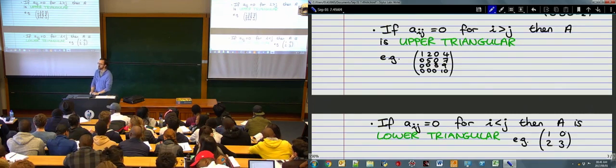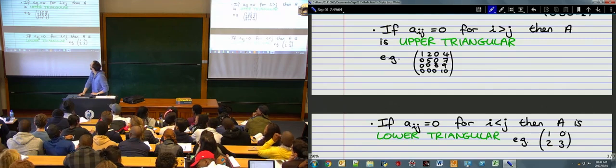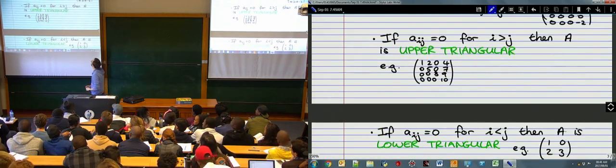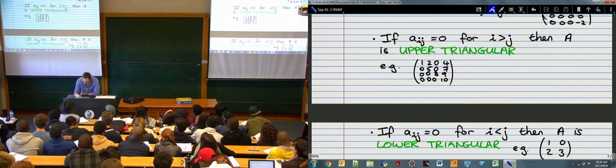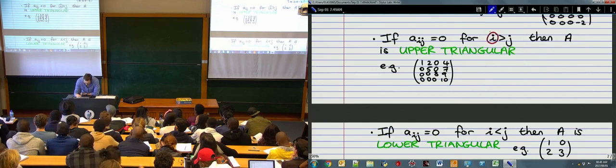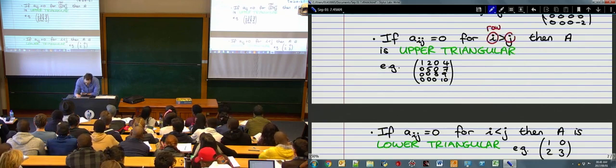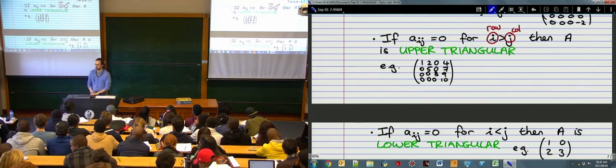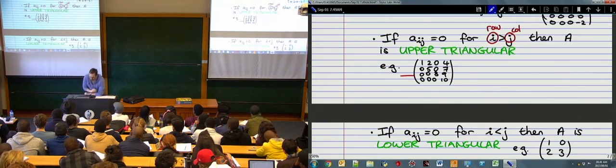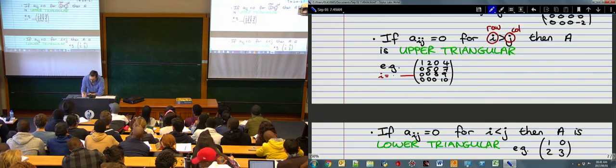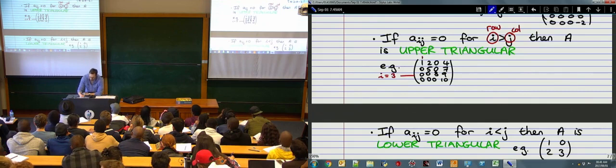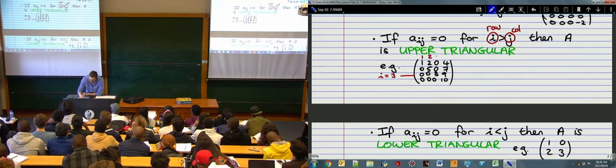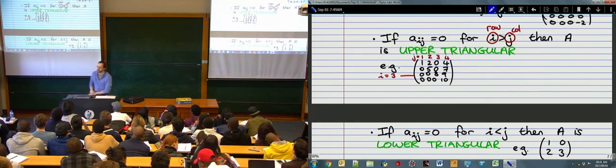Can you explain what you mean by i greater than j or i less than j? Okay, so Aij, this over here tells you about your row, and this tells you about your column. If we take a look at, let's say over here, this is i equal to 3, and this over here would be j equal to 1, j equal to 2, j equal to 3, j equal to 4.